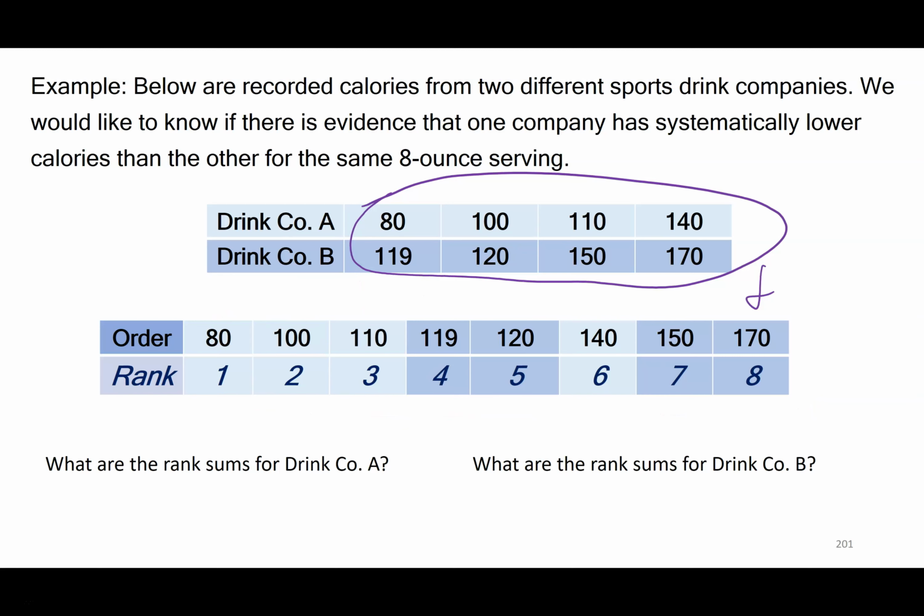And we kind of kept it color coded here, right? So these ones right here, those are associated with drink company A, versus these ones, those are associated with drink company B. So if I want to say, hey, what are the rank sums for drink company A? I need to add those light blue boxes up.